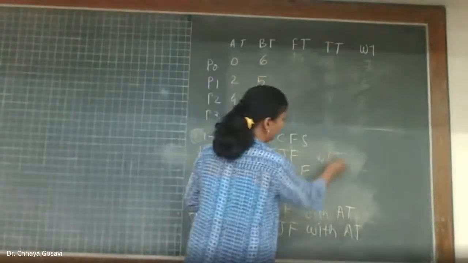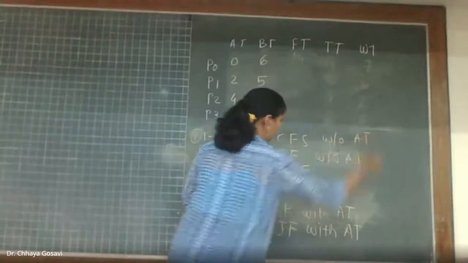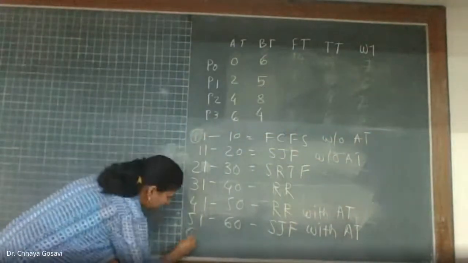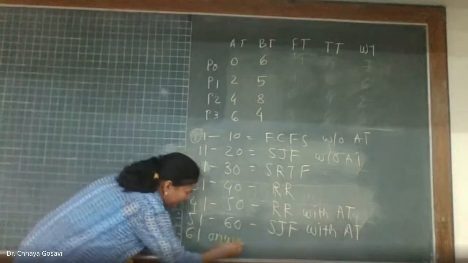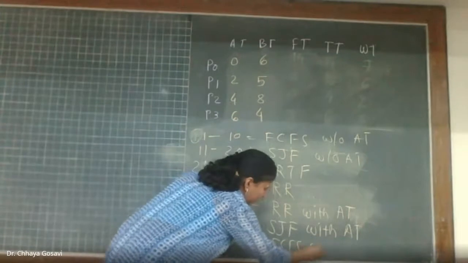This is without arrival. And 61 onwards, solve FCFS without arrival time.